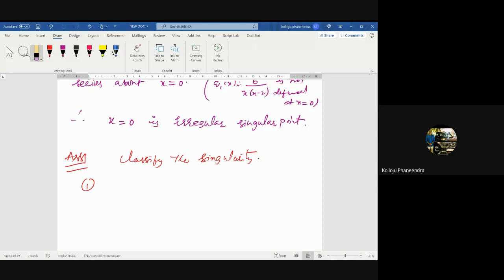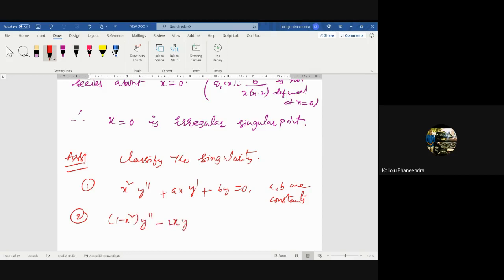You take this: (ax plus b) x square y double dash plus ax y dash plus by equal to 0, where a and b are constants. Second one: (1 minus x square) y double dash minus 2x y dash plus n into (n plus 1) y equal to 0, where n is a constant.